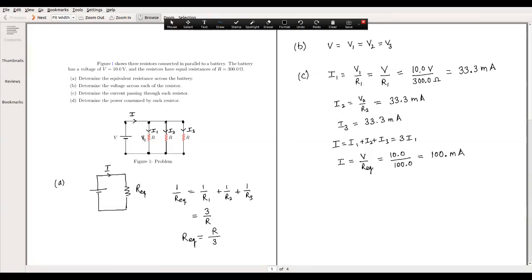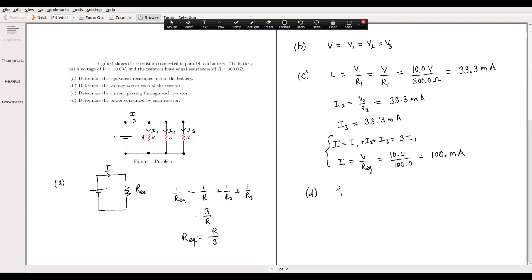So either we could have gone this route, or we could have calculated the individual currents because we know that the voltages are identical. Once we have the currents and voltages known, we can calculate the power in each of the resistors. Again, because currents are identical and voltages are identical, the power will all be the same.